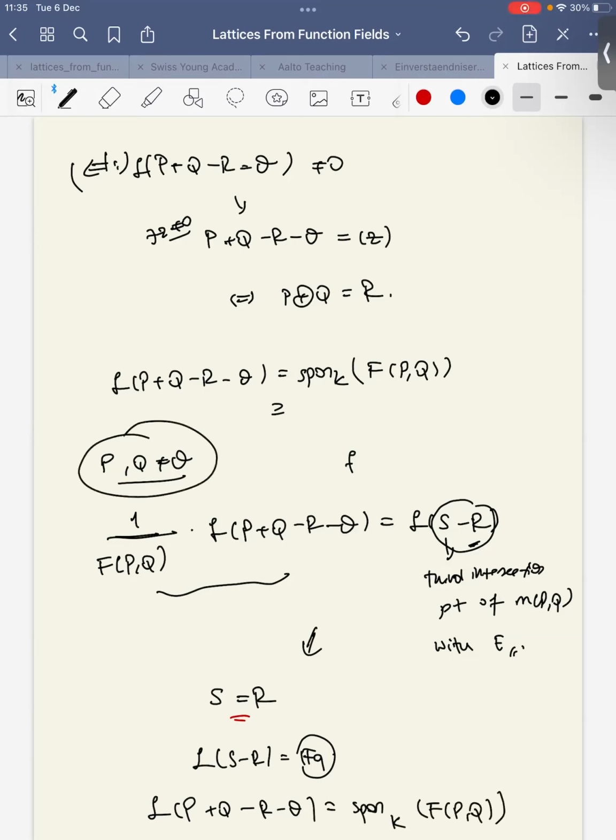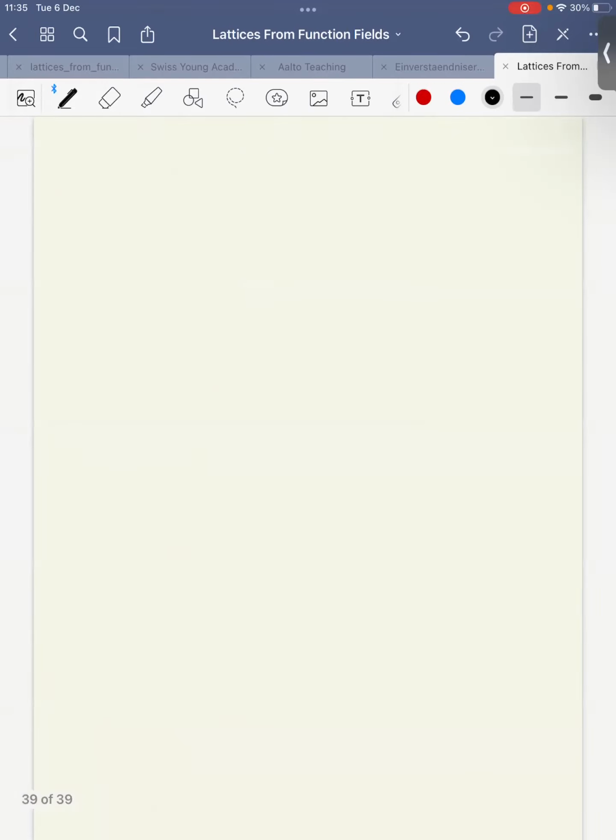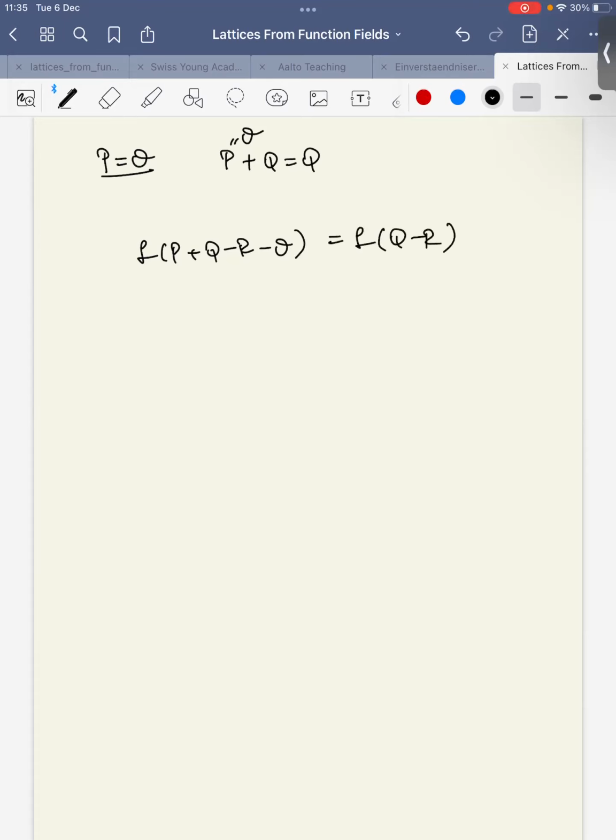In the case where P and Q are not the identity point. If P is the identity point, then P plus Q is equal to Q. And the Riemann space of P plus Q minus R minus O is going to be the Riemann space of Q minus R. This is non-trivial by the assumption, so it follows that R is equal to Q, again by the fact that if this is a non-trivial space, these rational places should be the same.